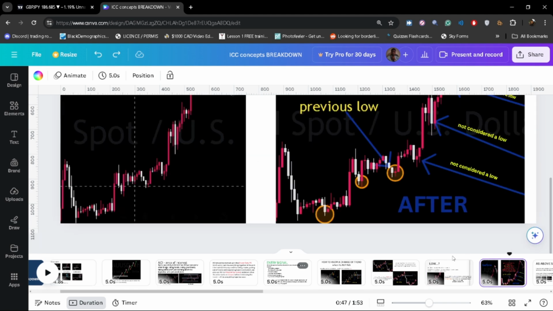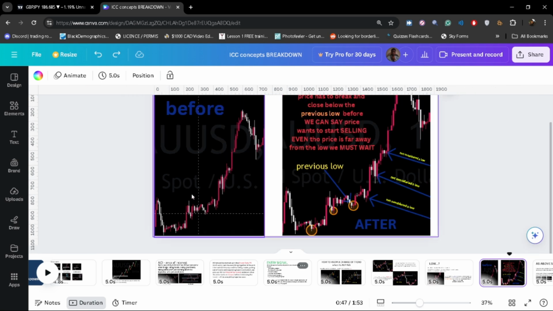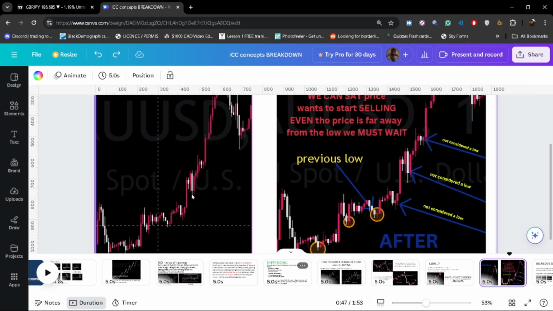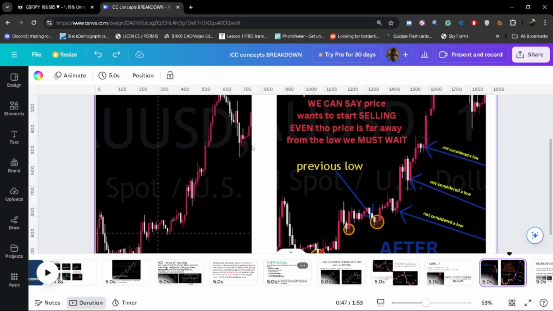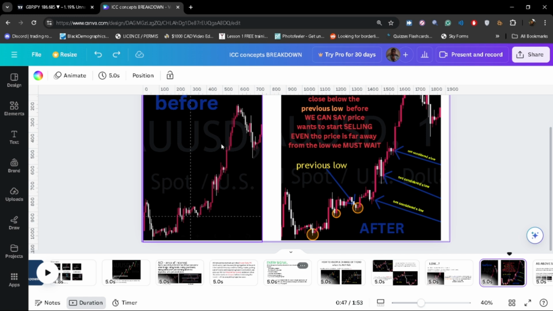So let me show you another example again. This is going to be a random chart. This is before the markup, and this is after the markup. Now, guys, if you try to find where the low is, the low is basically the previous low.